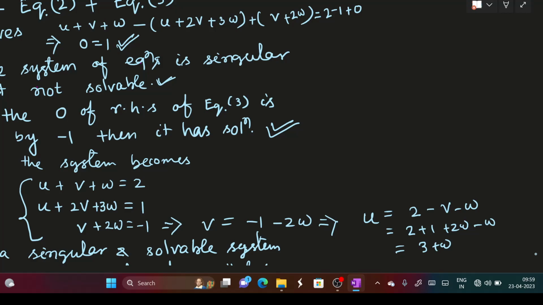So if I consider the vector with u, v, w as its components, u is equal to 3 plus w, v is equal to -1 minus 2w, and w is equal to w.